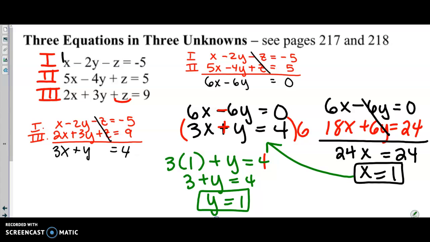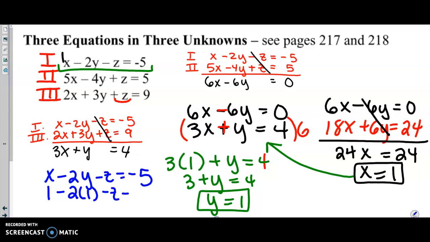Don't forget about that. So I'm going to plug the x and y that we found into the first equation to solve for z. So x minus 2y minus z equals negative 5. x we found out was 1, y we found out was 1. We're solving for z. So 1 minus 2 minus z equals negative 5.